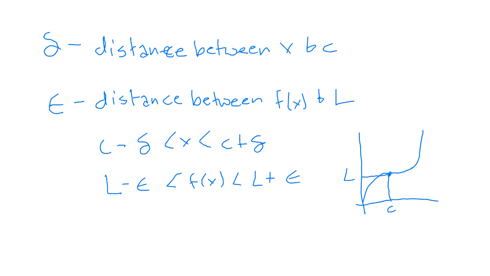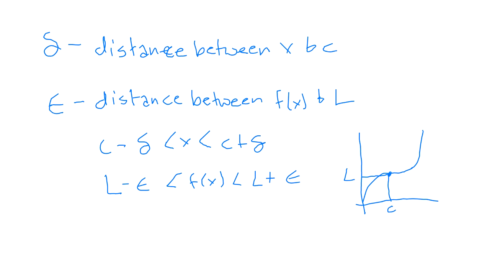Well, we can define either a delta or an epsilon that lets us decide how close one needs to be in the proximity of the other. So let's say we defined our delta as being a certain distance away.